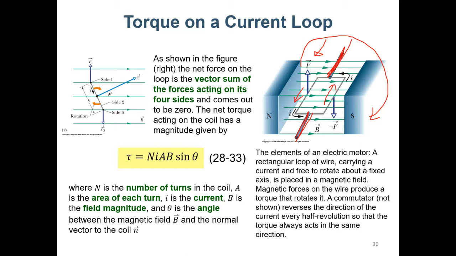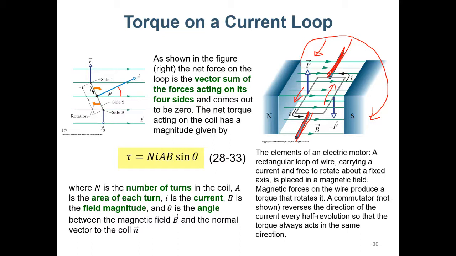And actually, we can calculate it something like this. So this is a cross section of the right hand side graph. Suppose the wire loop is something like here, and this is the normal vector of this wire loop, and then it has an angle between the normal vector and the magnetic field, which is theta.